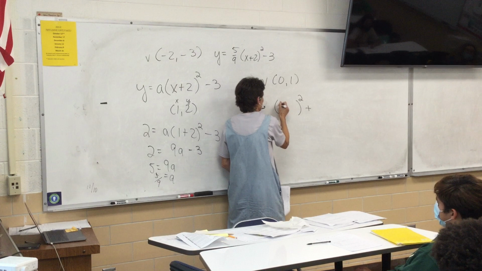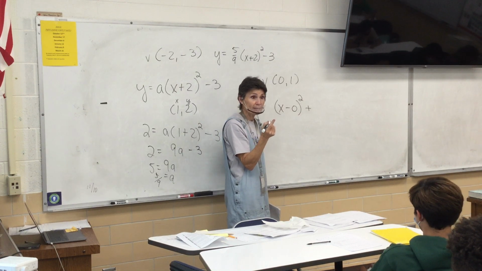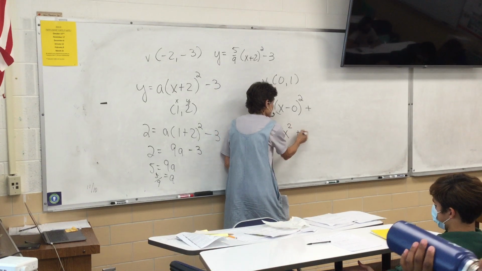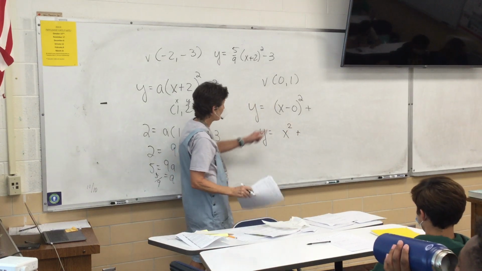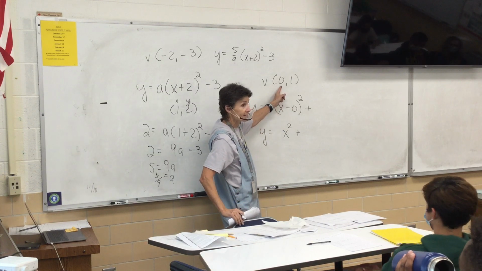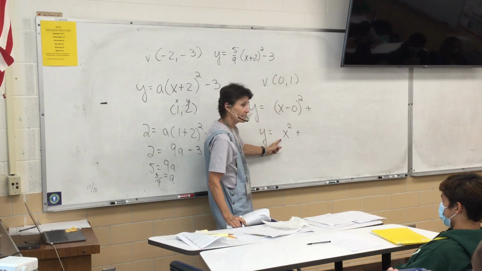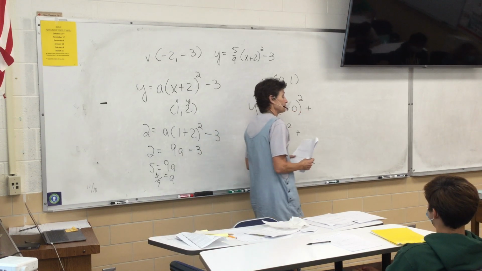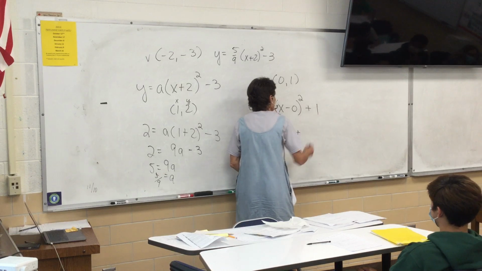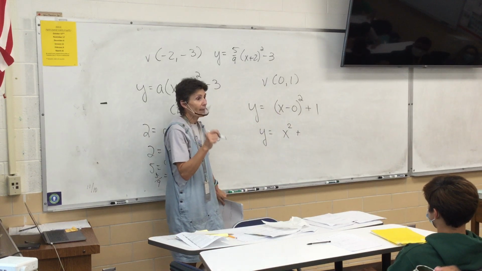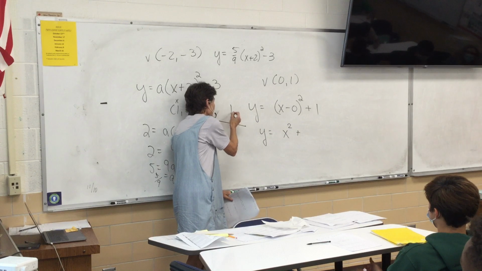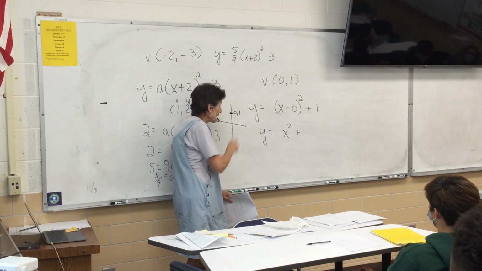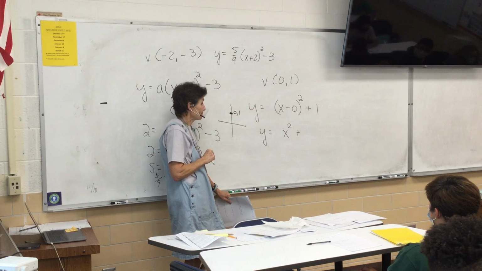X minus 0, or just plain X. If you would rather do plain X, that's fine. I like X minus 0 because it shows me that's a 0, but it's the same thing. And then what's on the end? Plus 1. Guys, if the parabola has a vertex at 0, 1, hasn't it been moved up 1? And that means there's a plus 1 on the end of it.